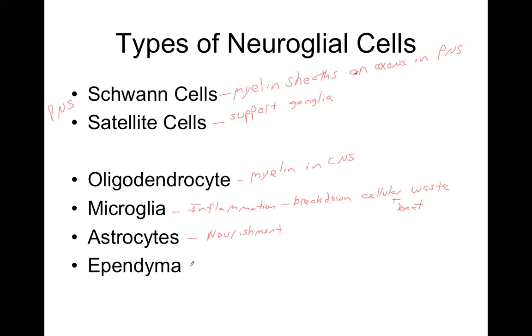Okay. And the ependymal cells line the central canal in the spinal cord, the ventricles in the brain, and the choroid plexuses.